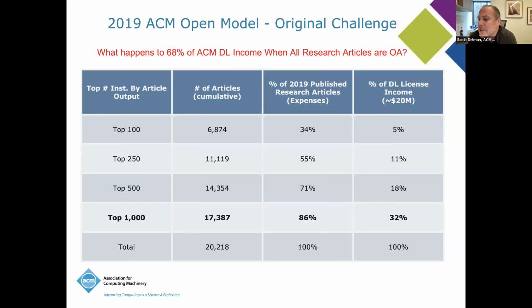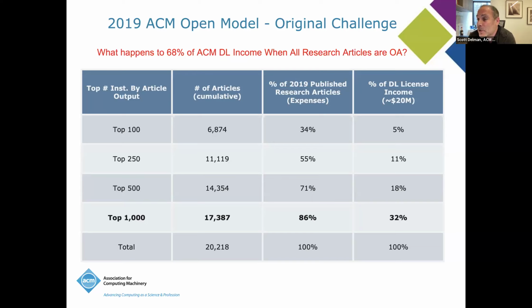And this was an imbalance. What this meant was that a very long tail of about 1,500 or 1,600 institutions at the bottom, which don't publish very much at all, less than 15% of what ACM publishes every year, were responsible for about 70% of the income coming from digital library licenses every year.